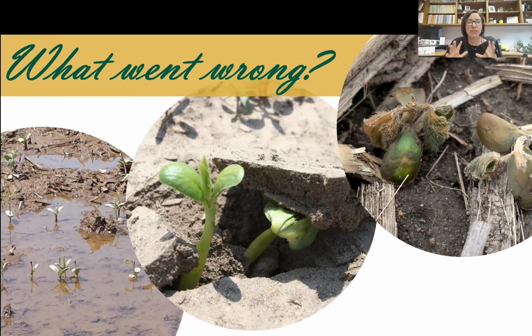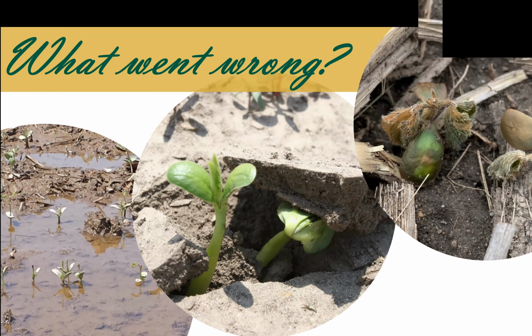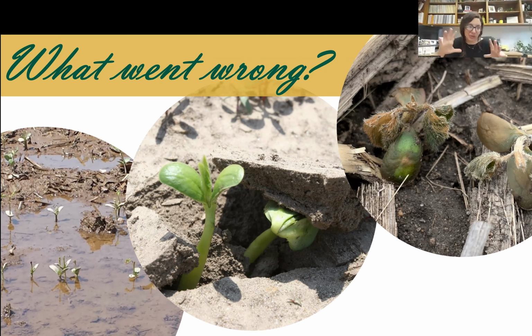So you might have nodulation problems, and we really rely on nodulation to attain our final yields. 50% of the nitrogen that the soybean uses actually comes from the nodules. So not having that is like saying that you cut the amount of nutrients that your plant has by half. So it's a lot. If you have flooding problems, that's something that you should evaluate.